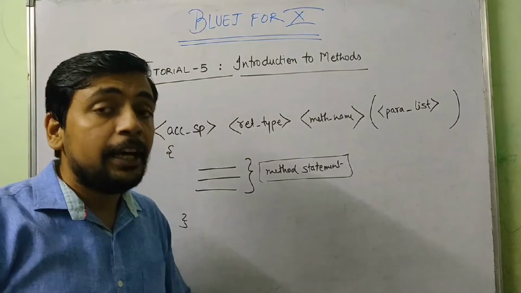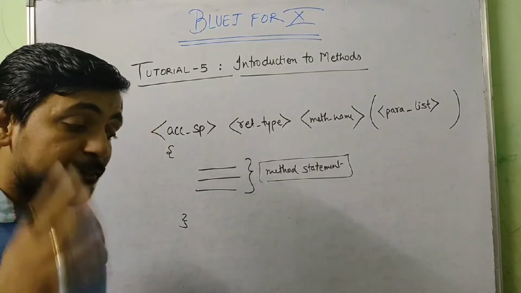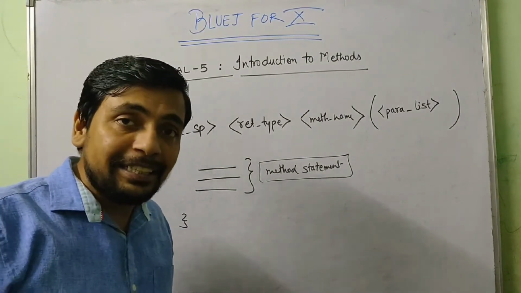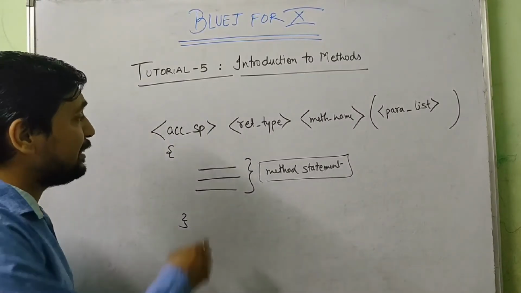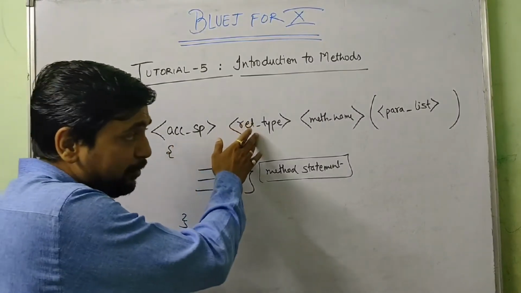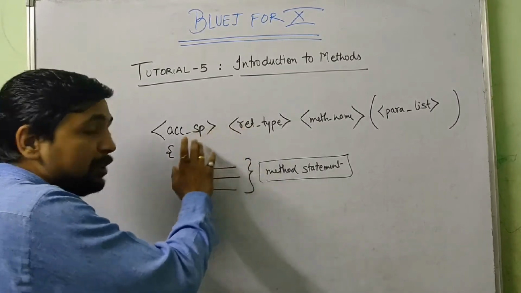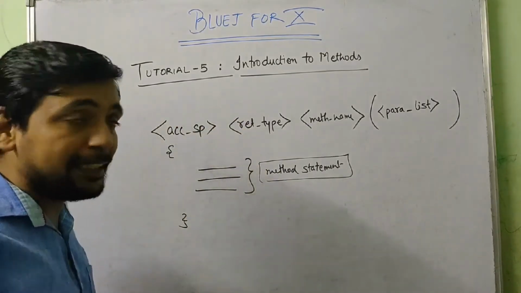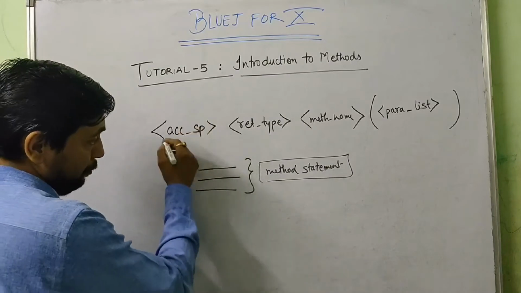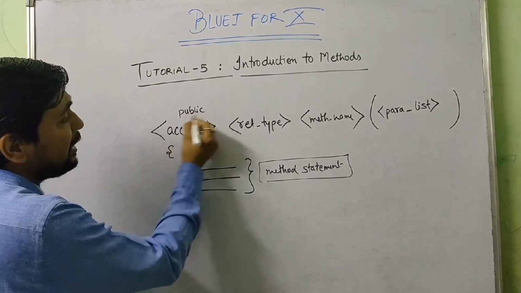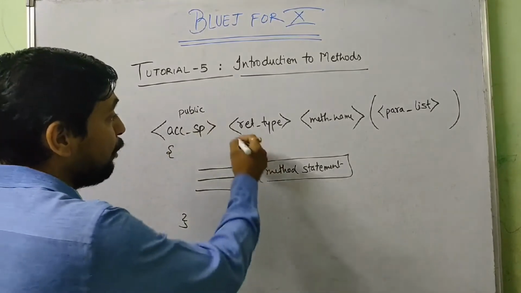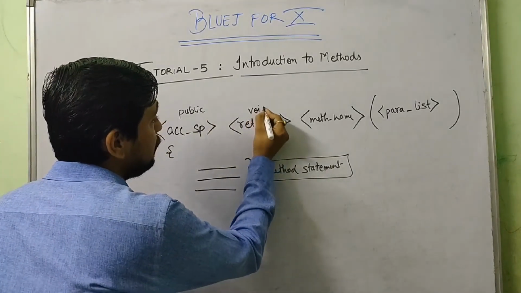What is the first one? Access specifier. Access specifier in detail we are going to study later on, but for your understanding, I can say this is a keyword, and this is a keyword. For basic methods, for the access specifier keep it public, and because it's a keyword everything will be in lowercase. For return type keep it void.